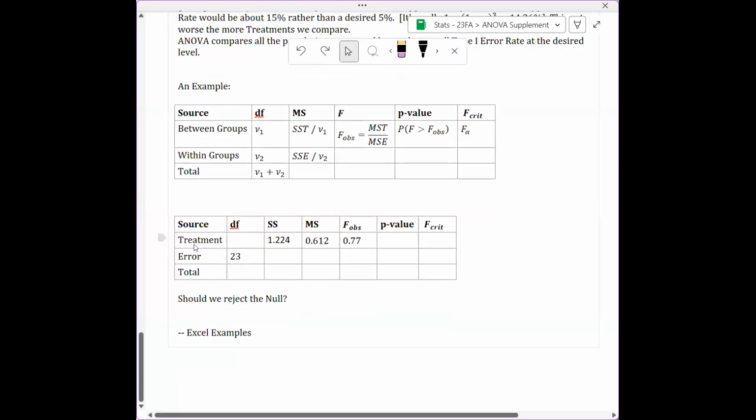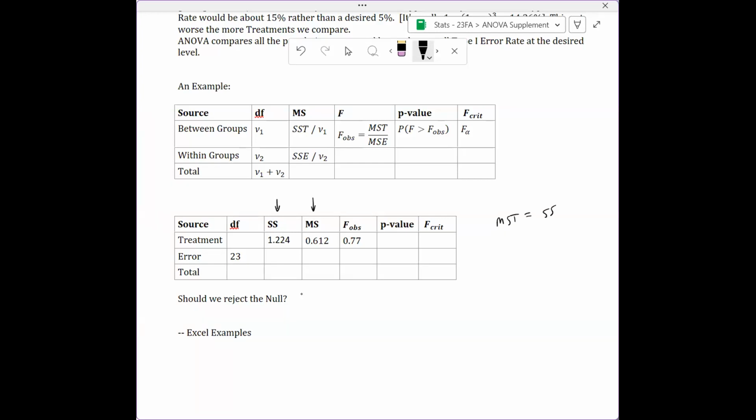So let's suppose that we got a partially filled in table. Can we use these formulas above to fill in the rest of the table? Okay, so I have some sum of squares and my mean squares. Well, I don't know what my treatment degrees of freedom is, but I do know that MST equals SST over nu1.